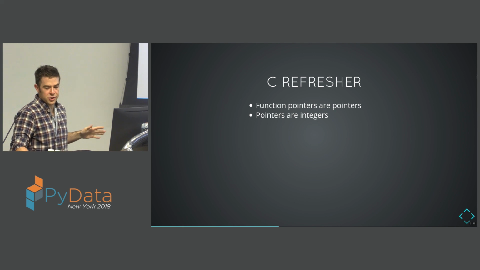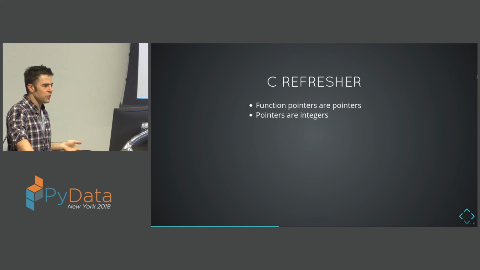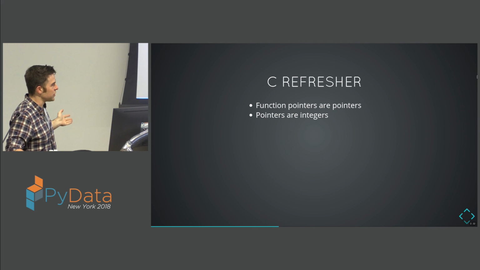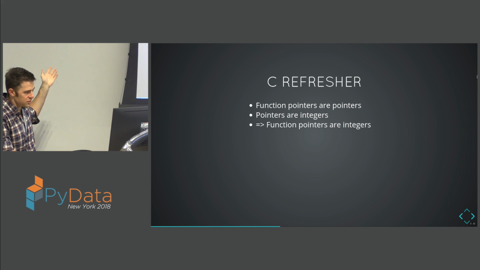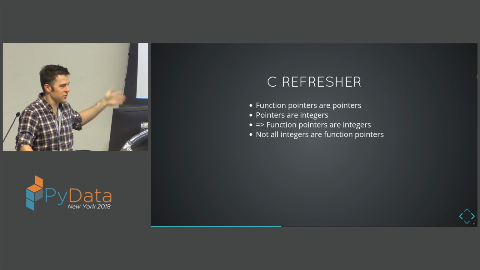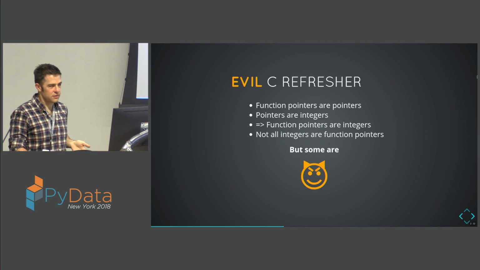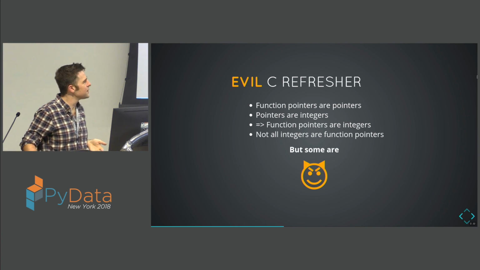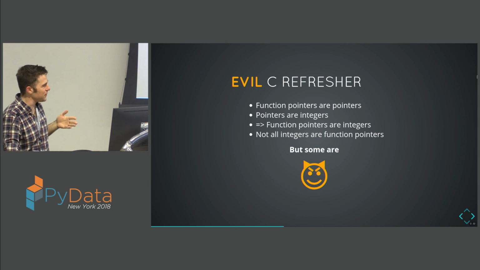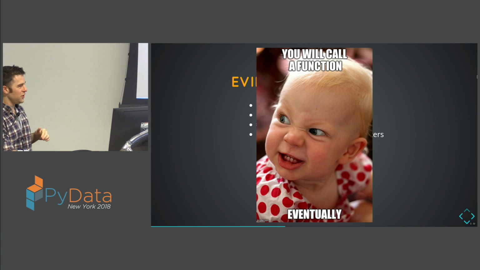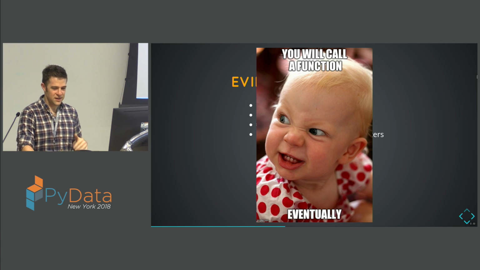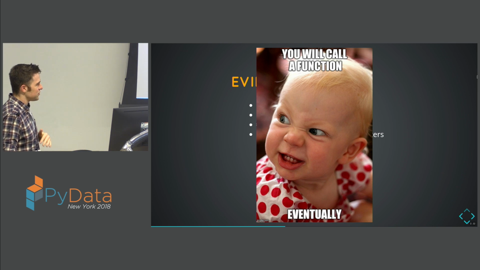So this is a quick C refresher. Function pointers are pointers. Pointers are integers. Function pointers are therefore integers. Not all integers are function pointers, but some are. Maybe some people know where I'm going with this, but you really don't want to be dealing with function pointers as integers generically.